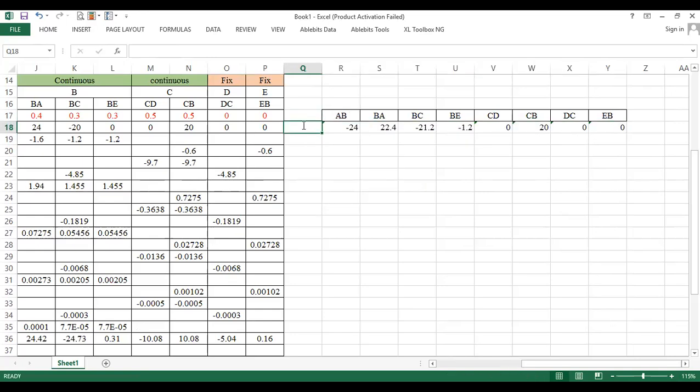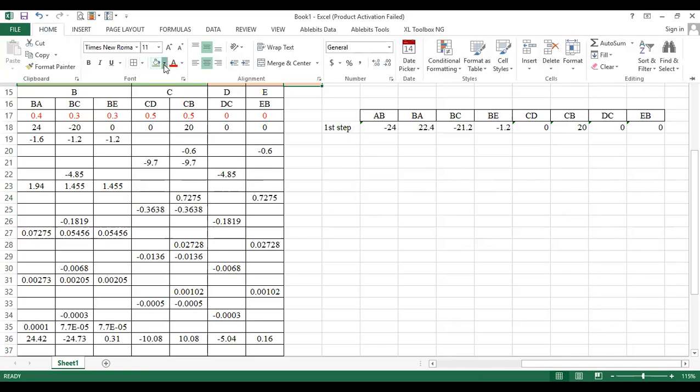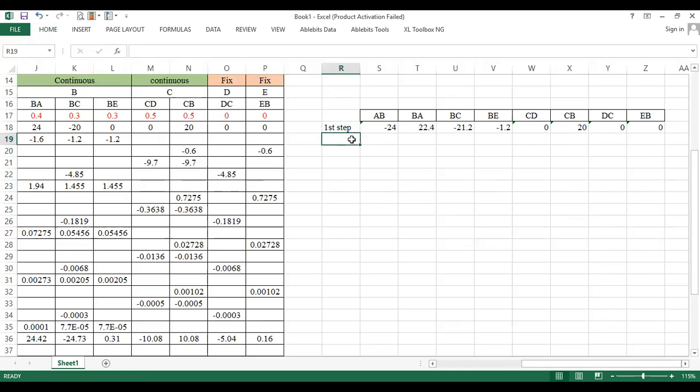This is the first step. This is the balancing, first step.